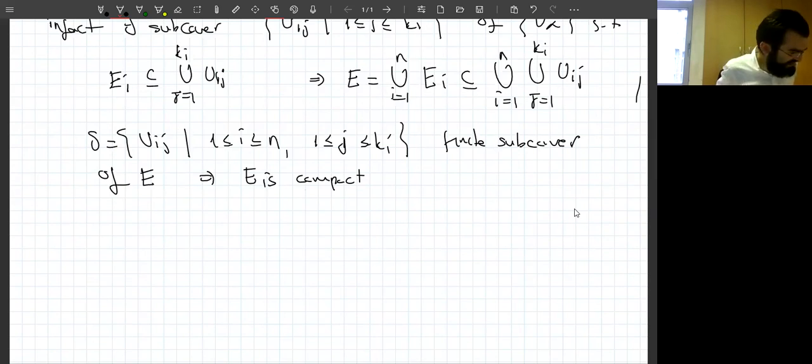Now we will solve questions which classify compact subsets of a discrete metric space. Problem 2. Okay? We will classify compact subsets of any discrete metric space.